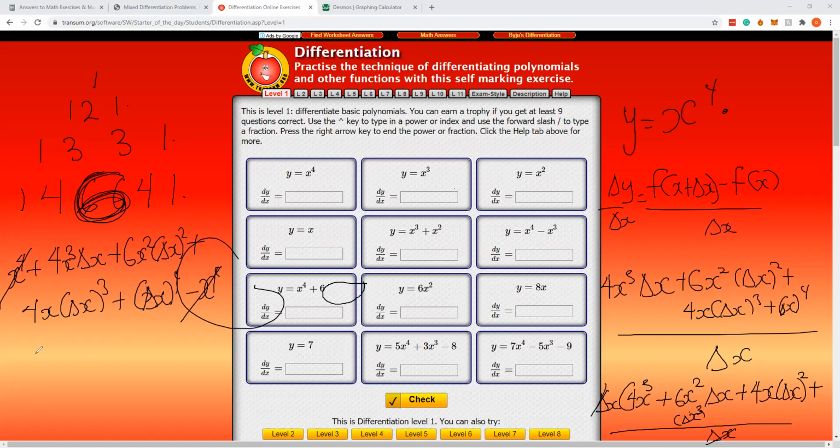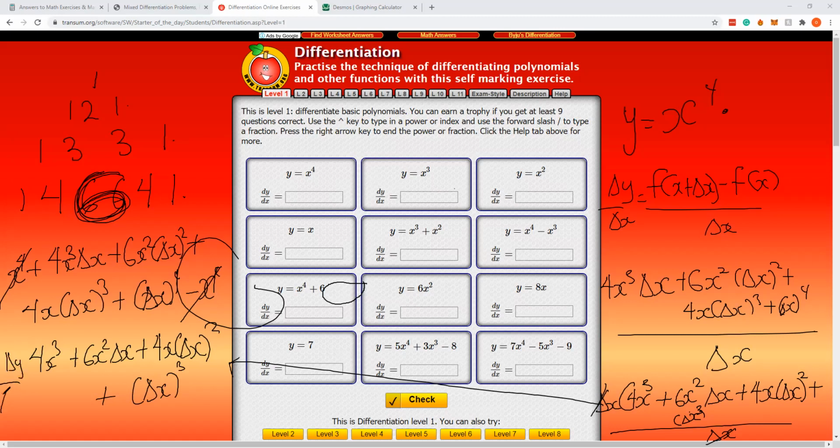We're left with 4x cubed plus 6x squared delta x plus 4x delta x squared plus delta x cubed. So this will just be changing y over changing x.